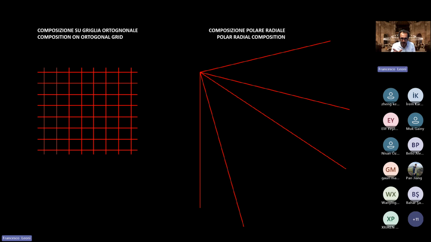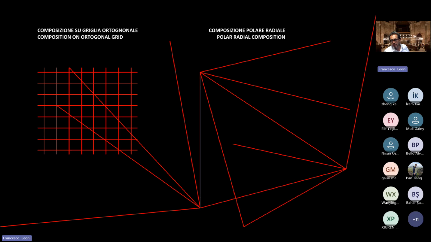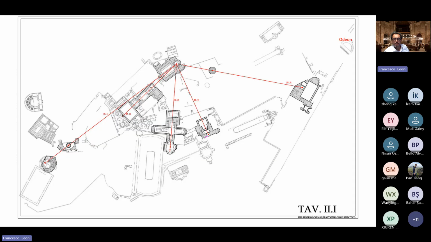Here you can see the main difference between those two elements. But this is not enough, because the polar radial composition on its side produces other polar elements that can generate other radial compositions in this way.